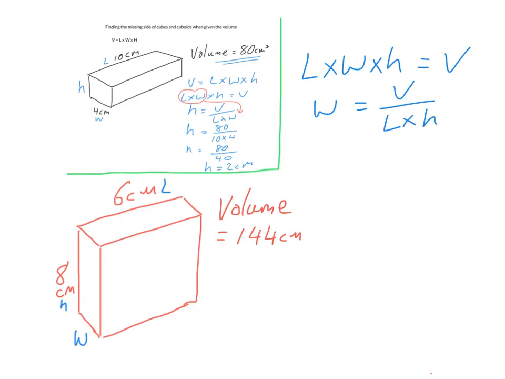Now we can substitute in our values. Our width is going to be equal to 144 centimetres cubed divided by our length of 6 multiplied by our height of 8.